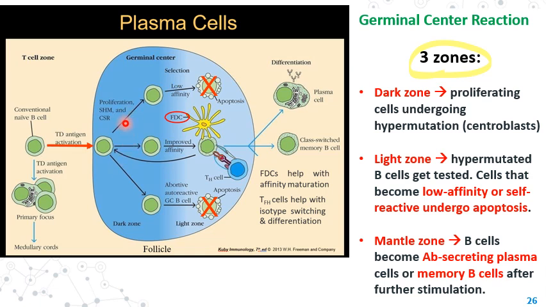Here, after proliferation and hypermutation, you're going to start testing the antibodies to see if they're useful or self-reactive. Okay, if you have a good cell that produces a good antibody, it is going to go to the light zone and is going to be further developed by interaction with your follicular dendritic cell.